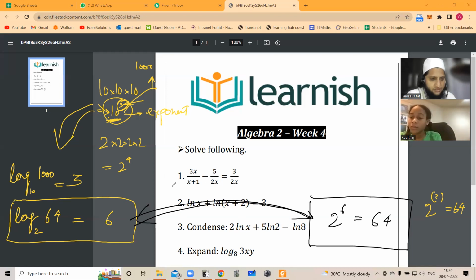Now till now we're having different bases, 2, 10, and whatever. But what about when you're not given any base? At that time we don't write log, we write ln.